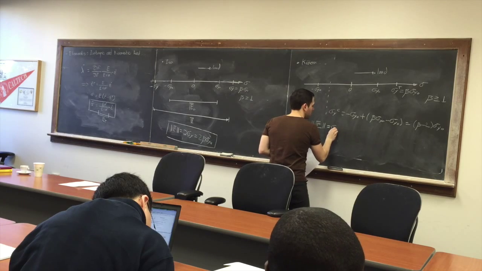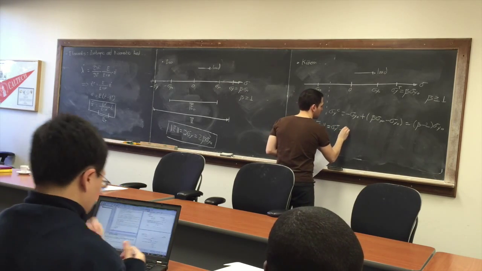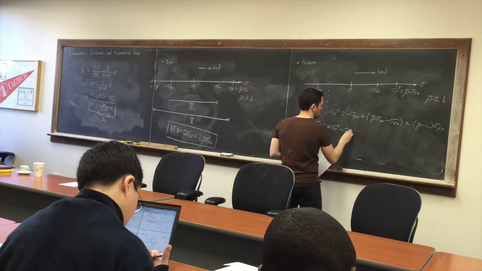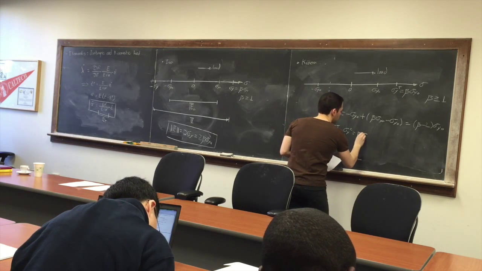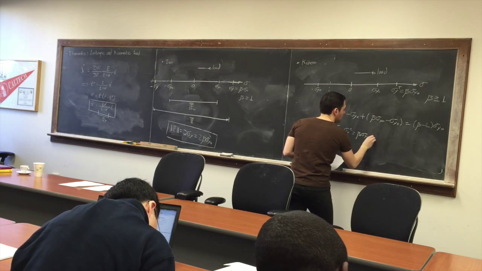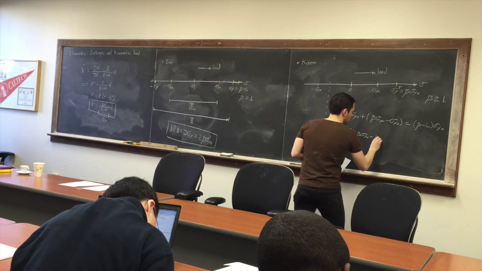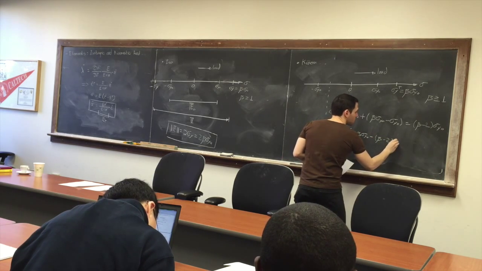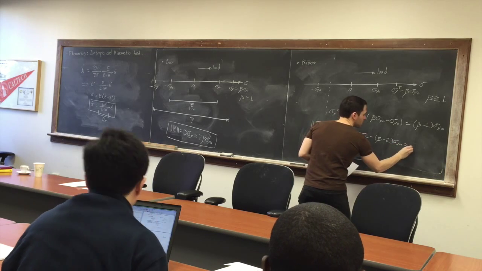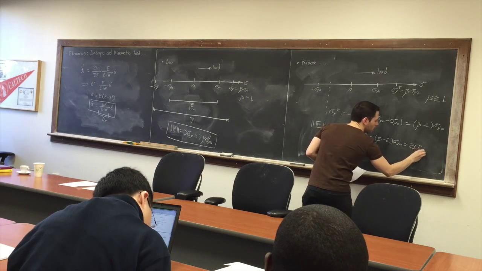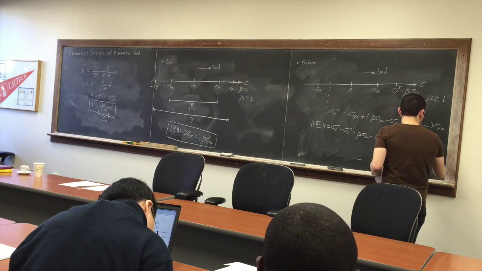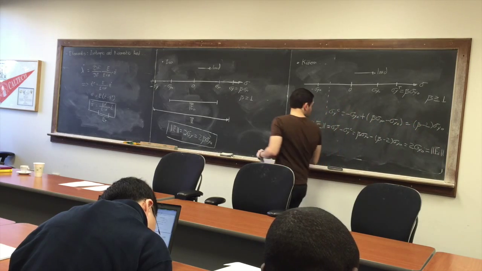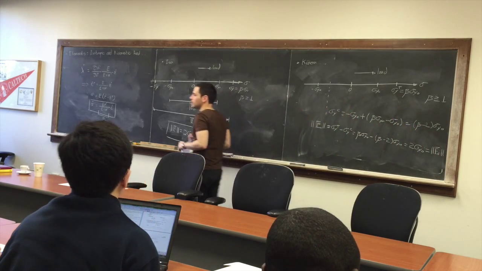Sigma y in tension minus sigma y in compression, which gives us beta sigma y naught minus beta minus 2 sigma y naught, which is 2 sigma y naught, which is also the length of the original elastic region.